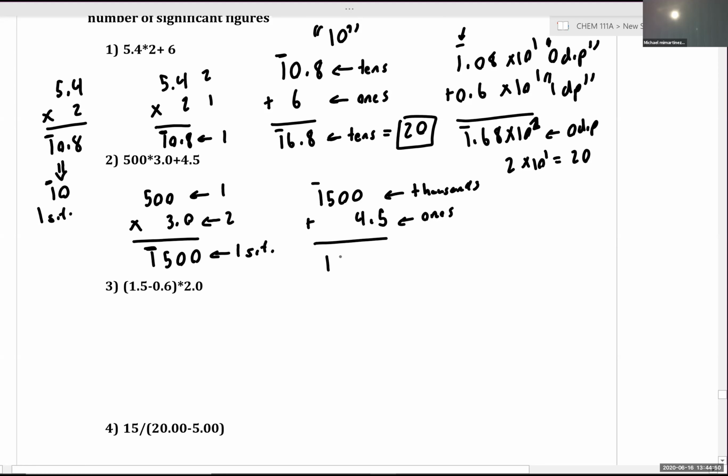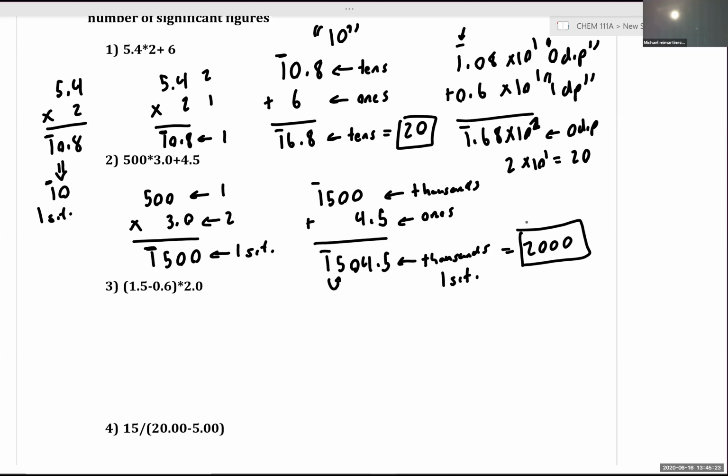So we get 1,504.5, and we have to round to the thousands place, or round to 1 sig fig in essence. That means we look one space to the right. 5 is greater than or equal to 5, so we round up to 2,000. Does this make sense to everyone so far?